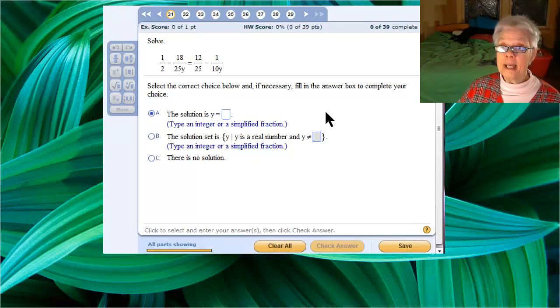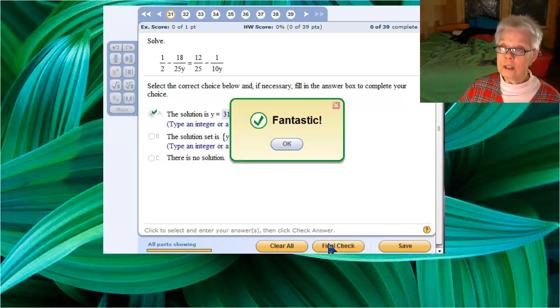Let's go back and type our answer in the answer box. Hit check answer. Yay! Fantastic!